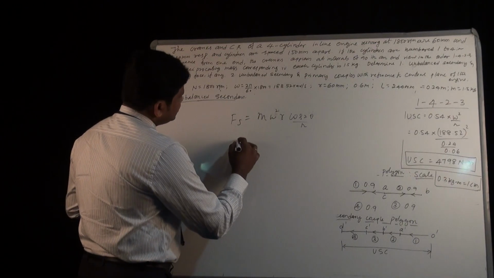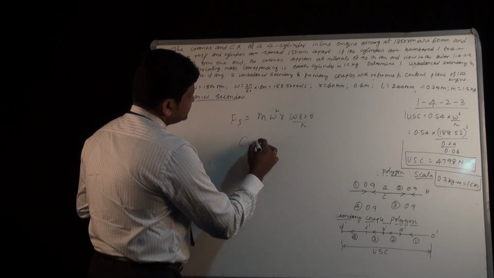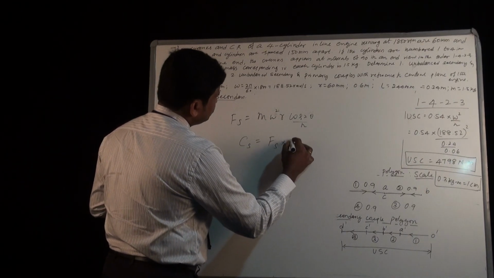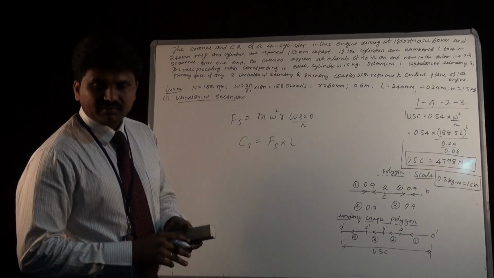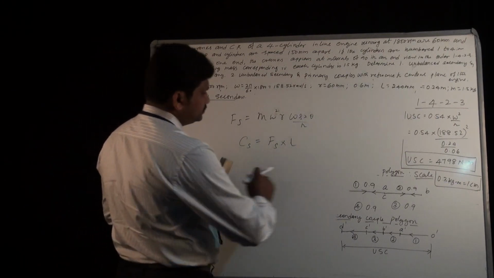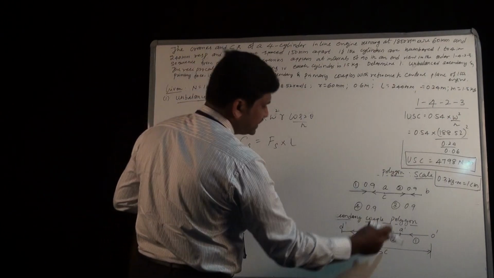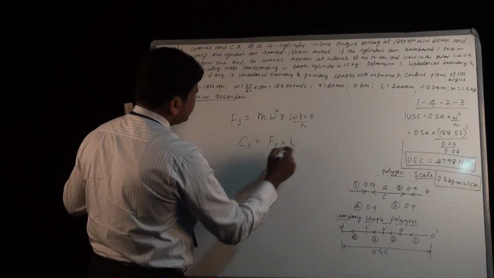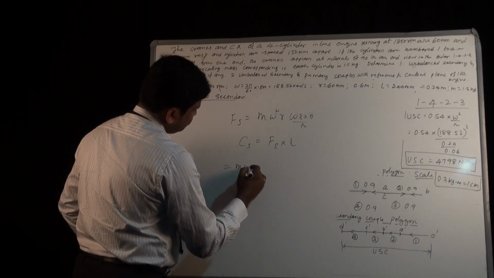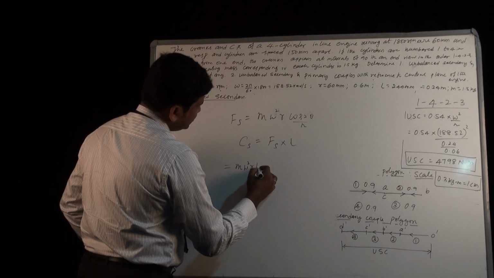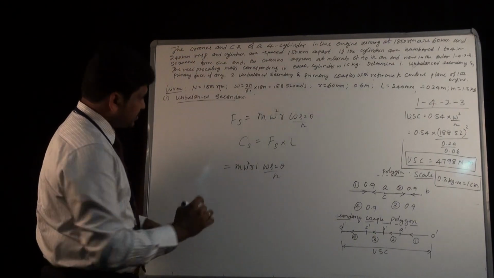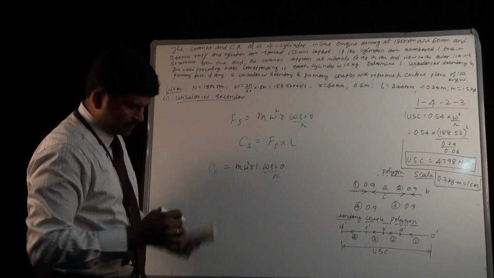If you want the unbalanced secondary couple, force into distance, Fs into L, will be the couple. Multiplying these two, we get m omega square r L cos 2 theta by n as the equation for the couple.